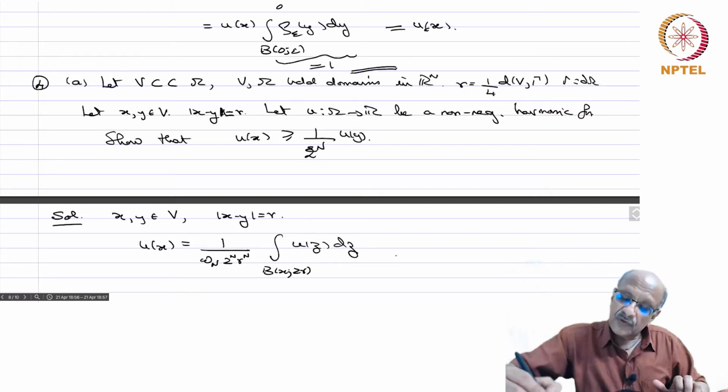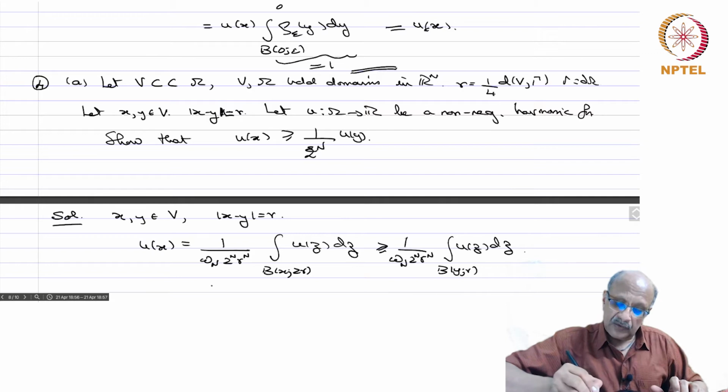Now u is non-negative, therefore I can write this as greater than or equal to 1 by omega n 2 power n r power n times the integral over B y r of u of z dz.